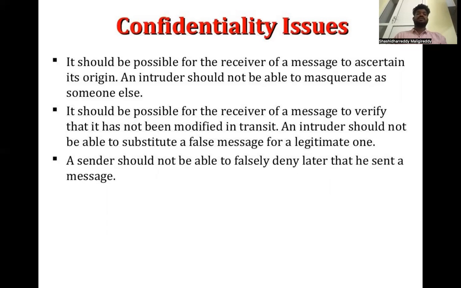It simply tells that the receiver should be able to verify whether the message received from the sender is the original message or not, and it should also defend against intruders changing the original message and putting a false message in its place. That is one of the confidentiality issues here, and the sender should not be able to falsely deny later that he has sent a message.